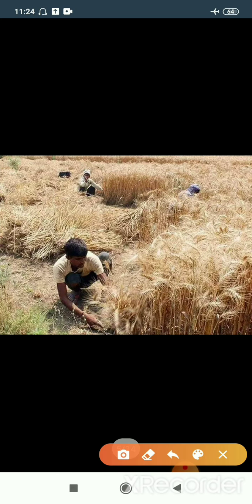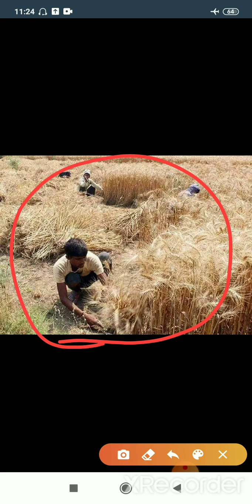So this is a labor workforce for the harvesting process. You can see, with the help of a sickle, everyone knows the sickle, the laborers or the farmers are cutting these stalks.